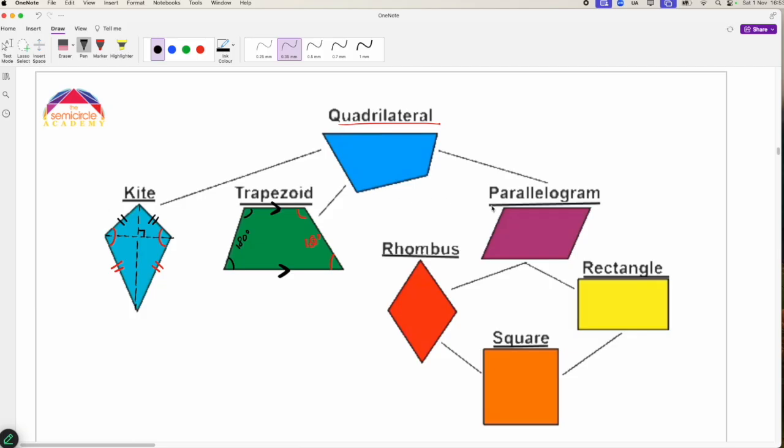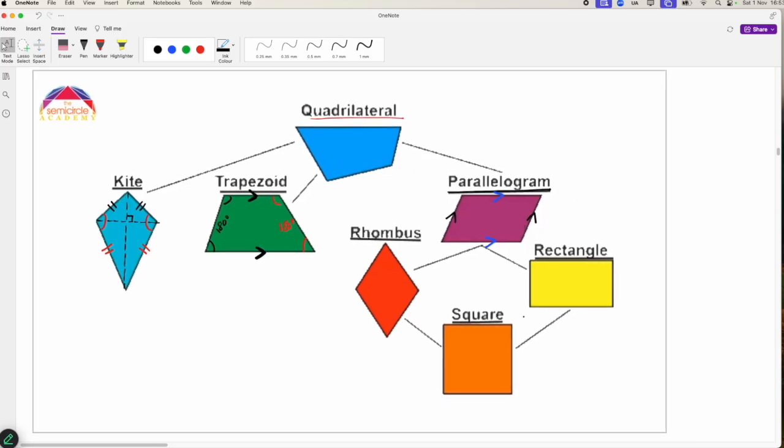We have the sets of parallelograms now. And a parallelogram is a quadrilateral where you have the pairs of sides being parallel. So these two pairs of sides are parallel, and these two pairs of sides are also parallel. So that is a parallelogram. Now check this out.